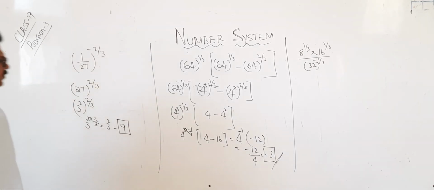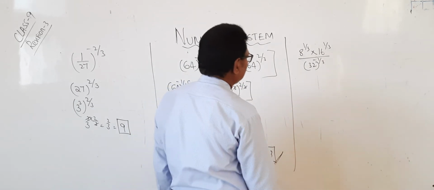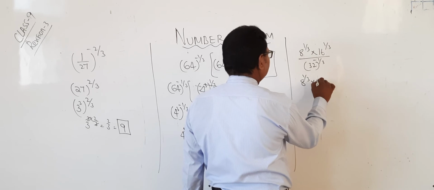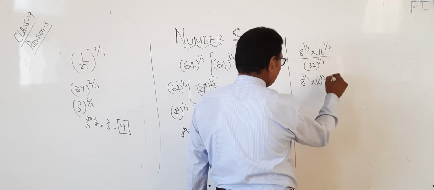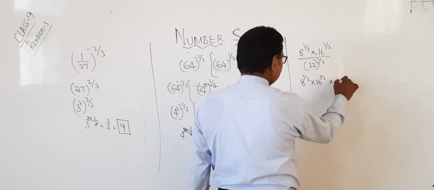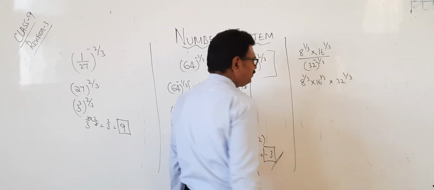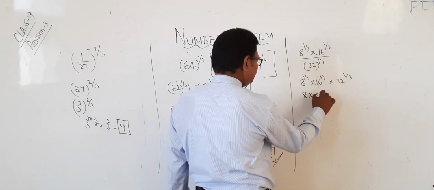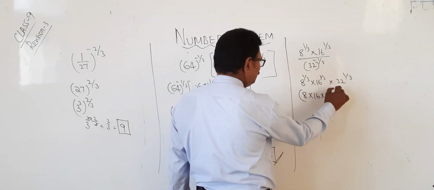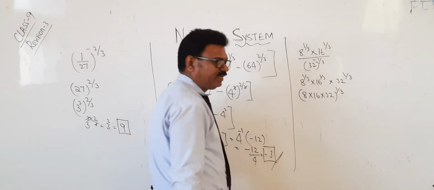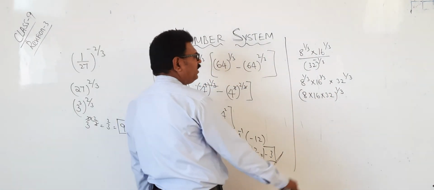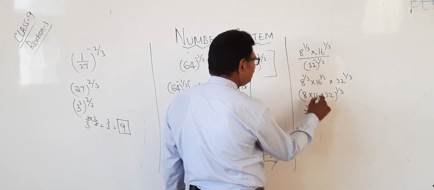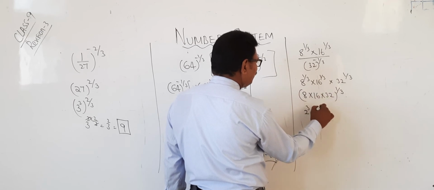Yes. Next one, very simple. You can write 8 to the power of 1 by 3 into 16 to the power of 1 by 3. If you take here 32 to the power of 1 by 3, or 8 into 16 into 32 whole to the power of 1 by 3. Now very simple. 8 means 2 cube. It is nothing but 2 to the power of 4.